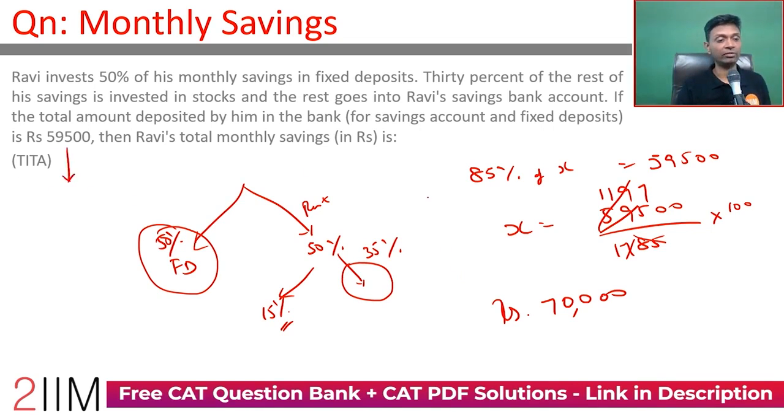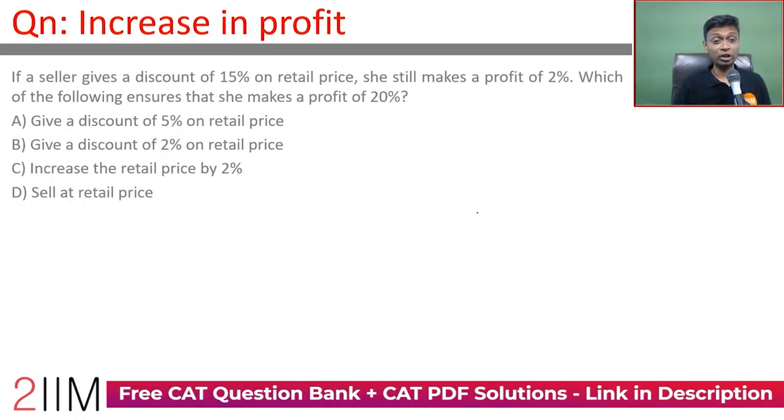to 59500. If a seller gives a discount of 15% on retail price, she still makes a profit of 2%. So there is a mark price, say X, and the selling price is 0.85X. This is equal to 1.02 times cost price, because she still makes a profit of 2%.